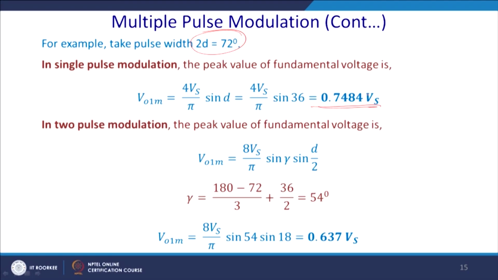It is a little less. The 2 pulse modulation peak for the same value is 8 Vs by pi sin lambda sin d by 2. So, lambda is 180 degree minus 72 by 3 plus 36 by 2, it is 54. If you put this value you will get 63 degree, around 15% less. Are you happy with that? That is a different question.